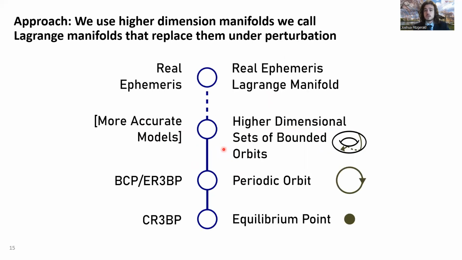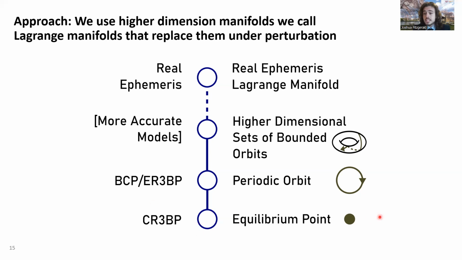So our approach, we use higher dimensional manifolds, which we call Lagrange manifolds, which are sometimes called dynamical replacements to the Lagrange points in the literature. And these are the proper objects to replace the Lagrange points in these perturbed systems.